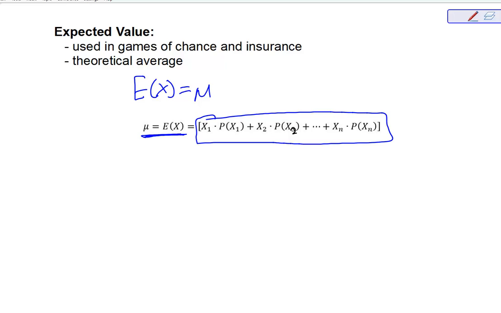We do have to be careful though when we're talking about expected value, because we always want to make sure that we're looking at the gain and the possibility of a loss. Remember, when we're doing discrete probability distributions, we have to make sure that our probabilities all add up to 1. So we have to look at, okay, do our probabilities all add up to 1, or do we need to add something in there?